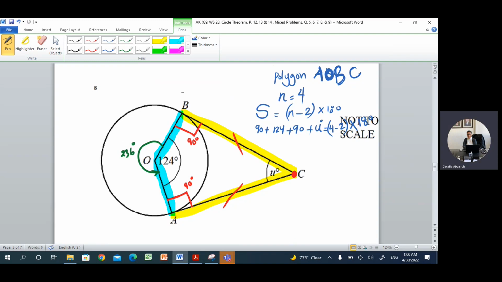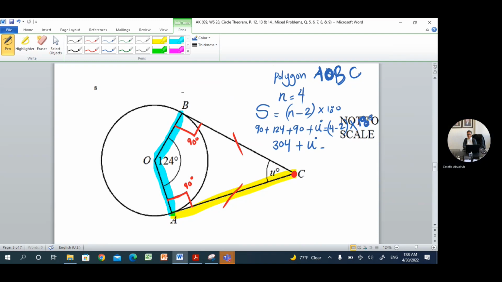So the addition of the 90 and 124 and 90 is 304 plus the unknown angle, which is U. And then 4 minus 2 times 180 is equal to 360 degrees.